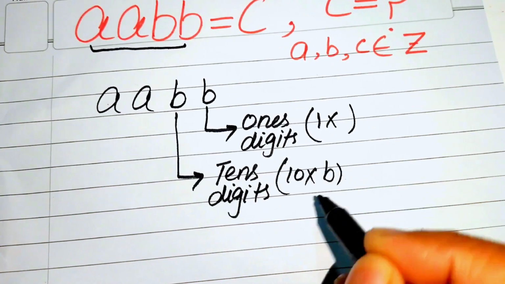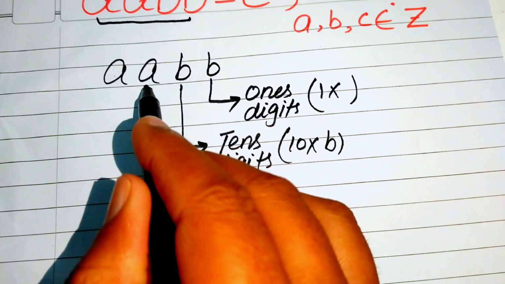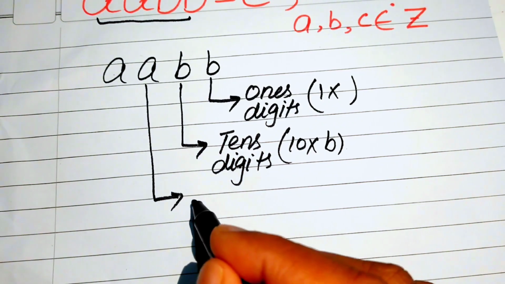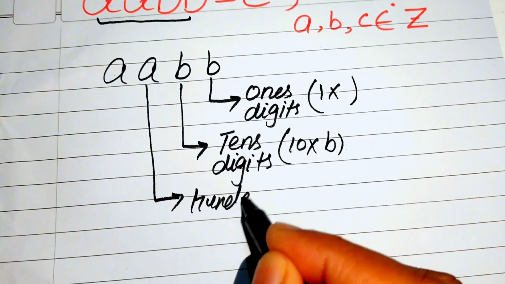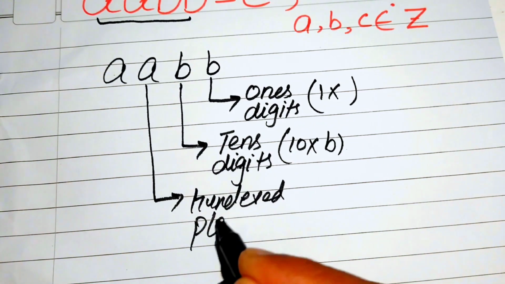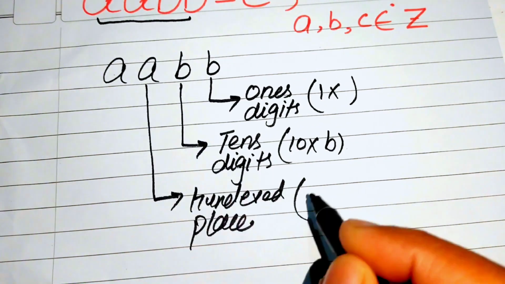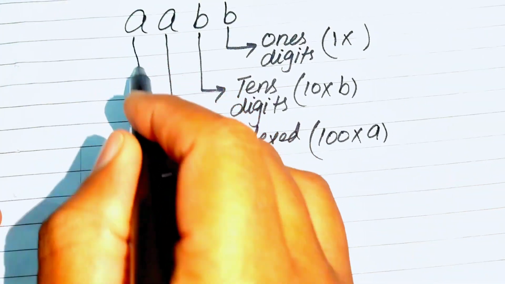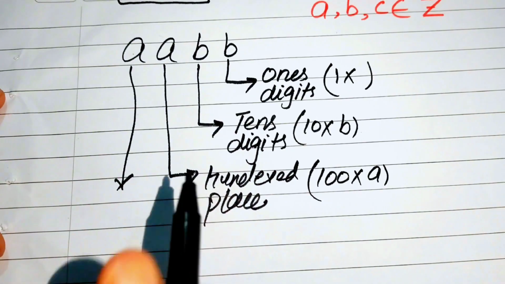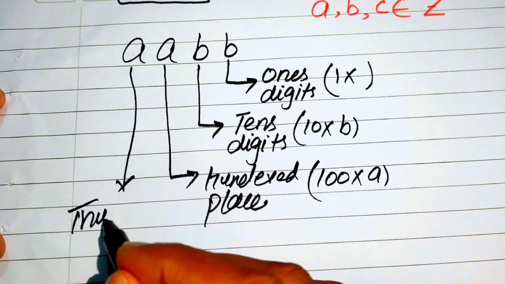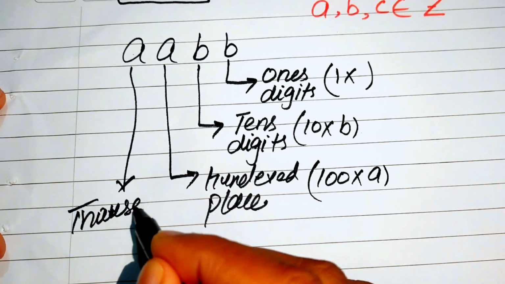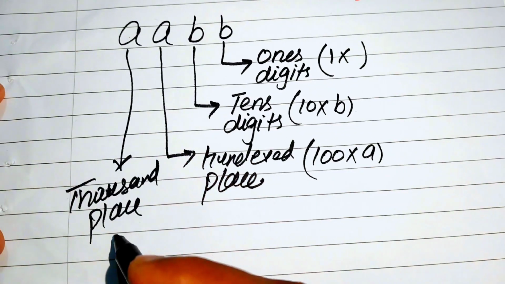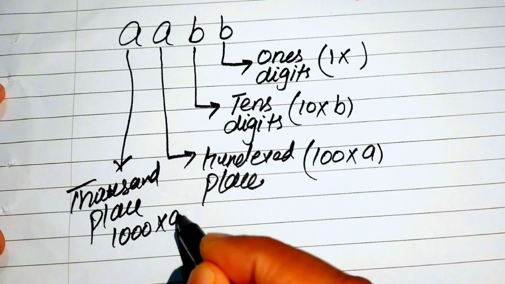This A lies in the hundreds place, so we multiply this A by 100. And similarly this A lies in the thousands place, so we multiply this A by 1000.